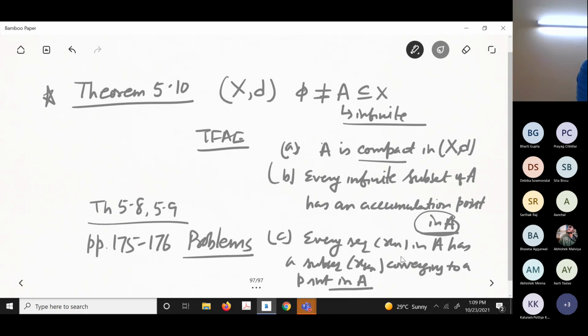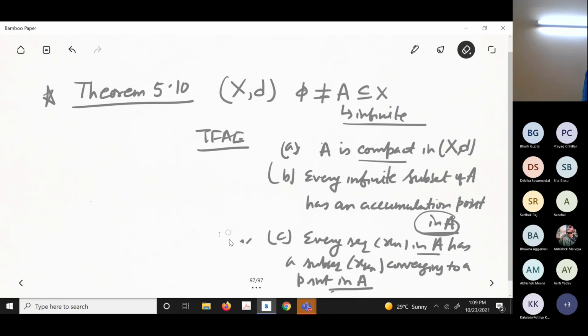Because of the result on the closure point, if you have a sequence in A converging to a point, since it is coming from A, that limit has to be a closure point. But A has to be closed if you are trying to prove A is compact. So it has to be this.